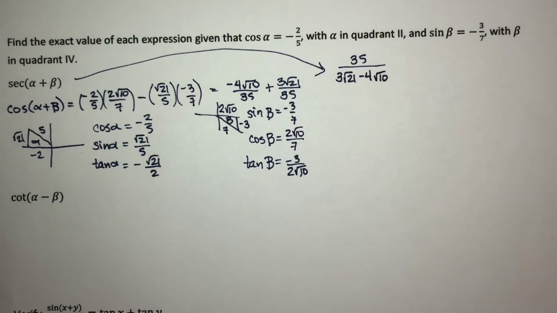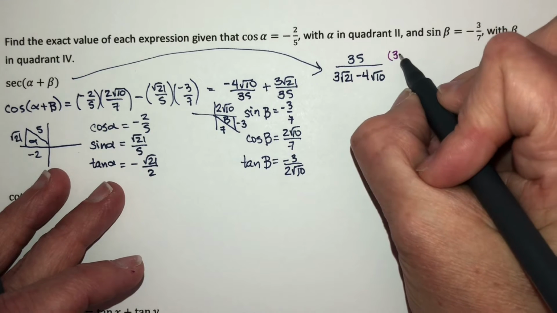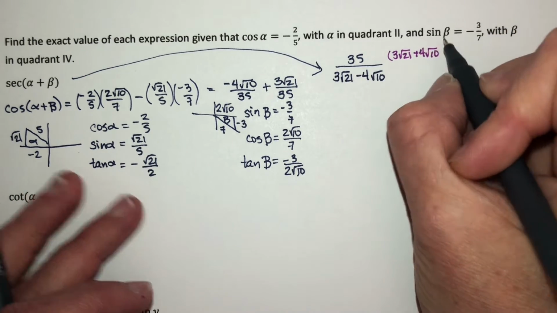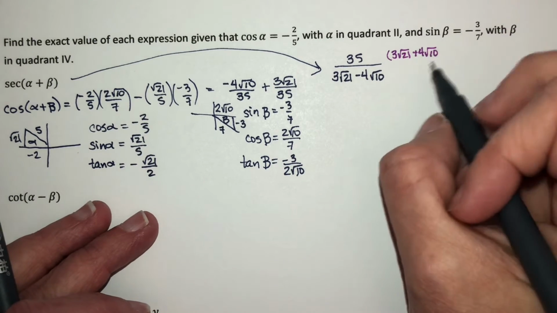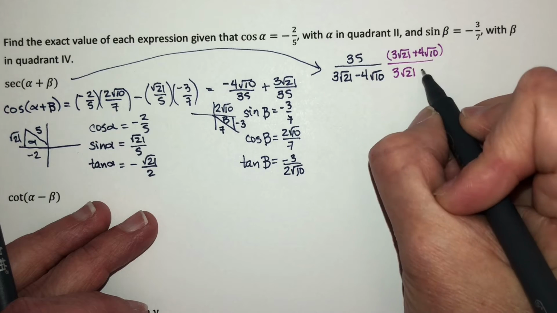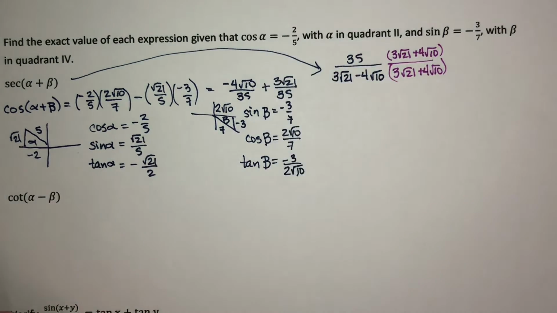Okay, and then if you're asked to rationalize this, you'll multiply top and bottom by 3 square root 21 plus 4 square root 10 over 3 square root 21 plus 4 square root 10. And this ends up being fairly ugly.